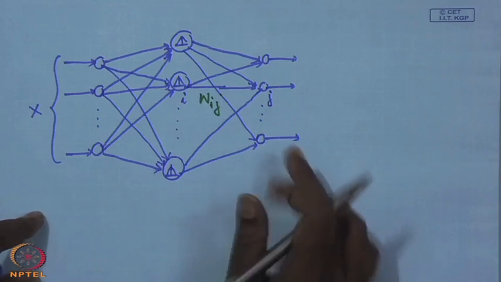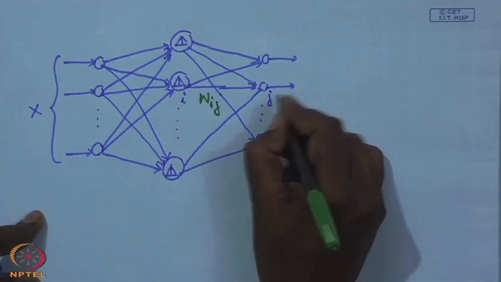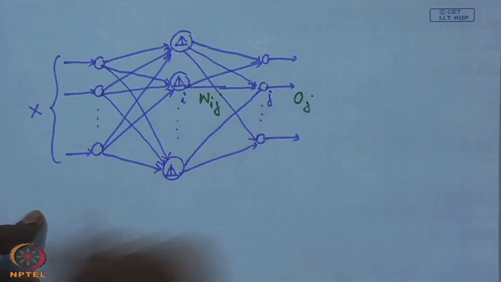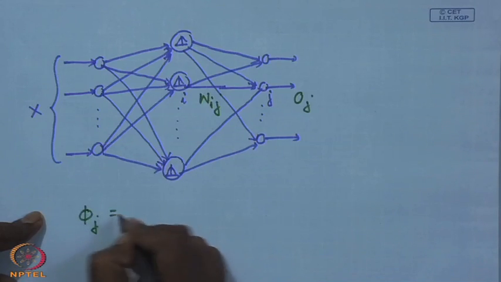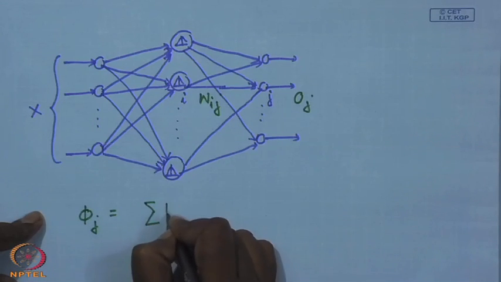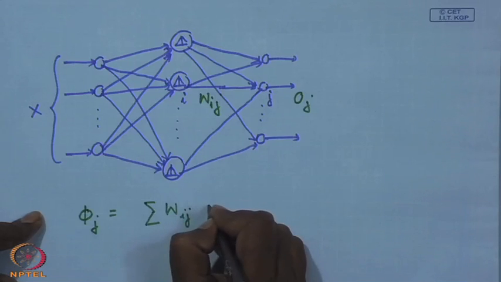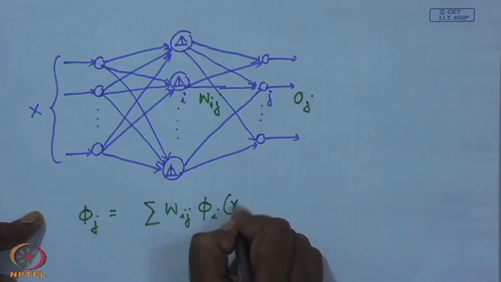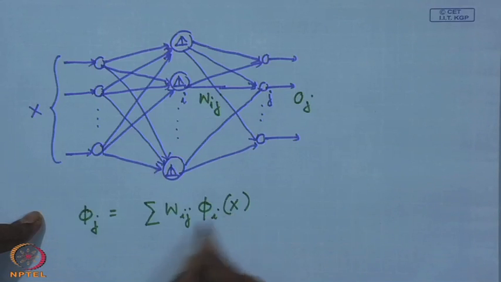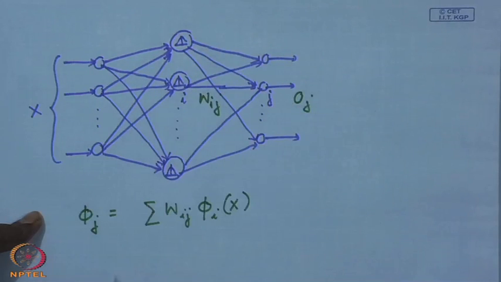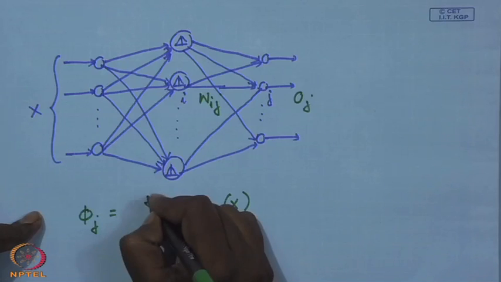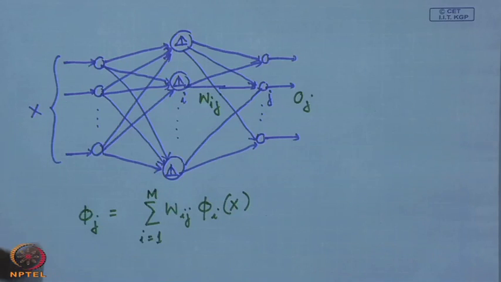So, given this, if the output of the jth output layer node is O j, I will have O j equal to the sum of W i j times phi i of x for an input vector x, and this summation I have to compute over all nodes in the hidden layer, that is, for i equal to 1 to m, as I have m nodes in the hidden layer.